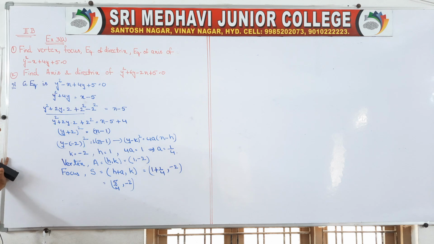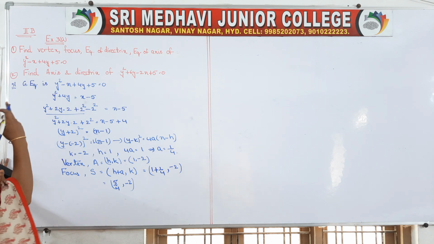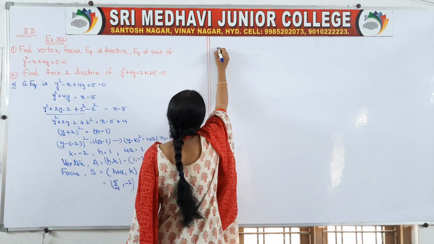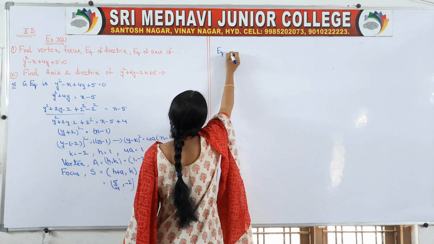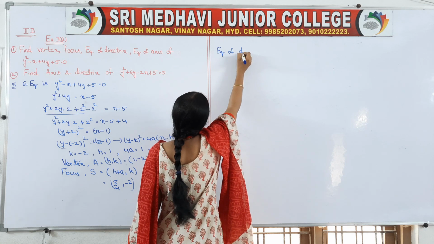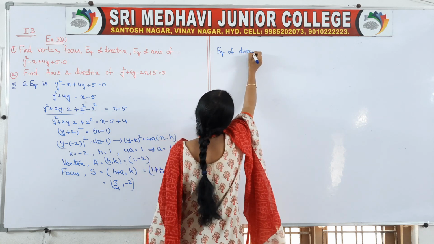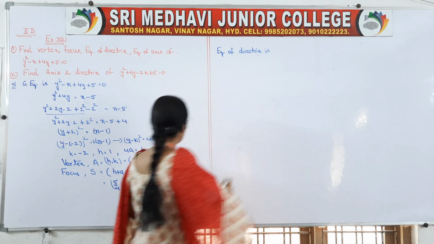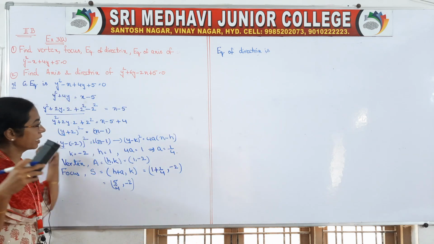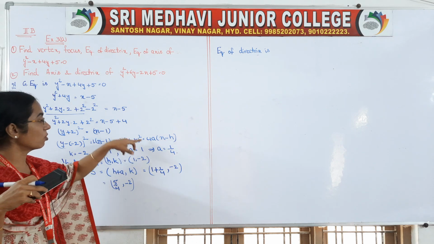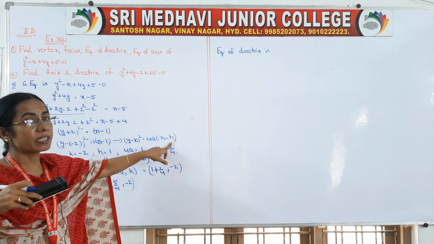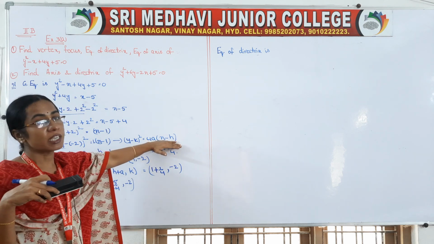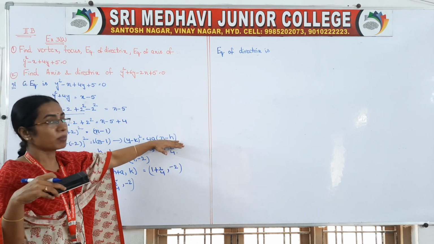Next you take equation of axis and equation of directrix. So the equation of directrix we have to find. So what I said, whenever our curve, our question is in this form, (y minus k) whole square is equal to 4a into (x minus h), to write the directrix equation, you see the right side value x minus h.